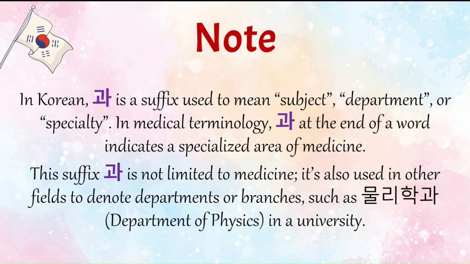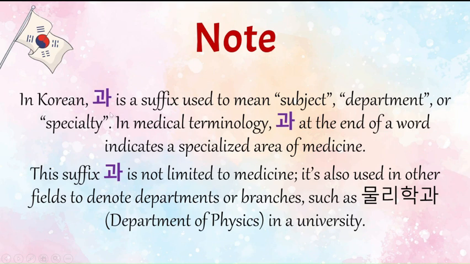With this, what I mean is that when you'll see the names of different branches of medicine, you'll notice that the name ends in kwa. Okay, the suffix kwa is attached to all the names of the different branches of medicine.